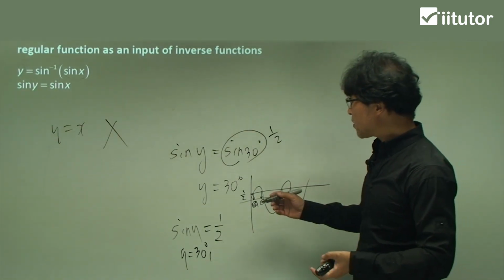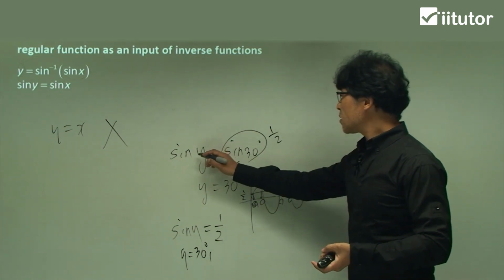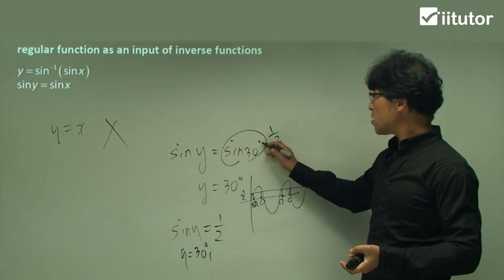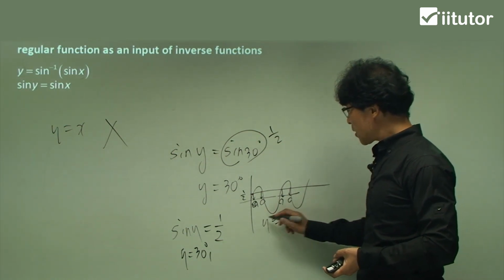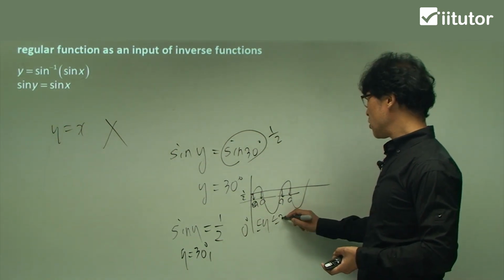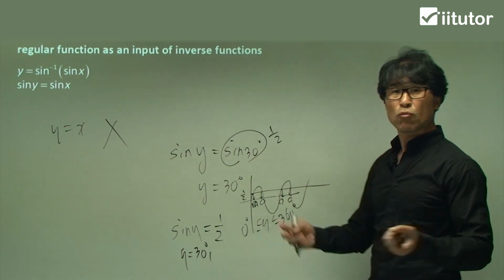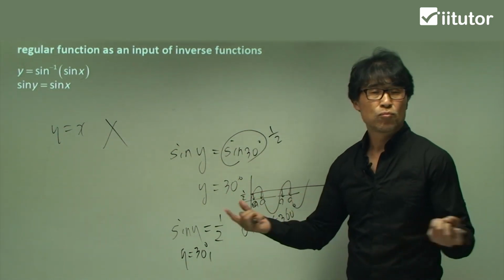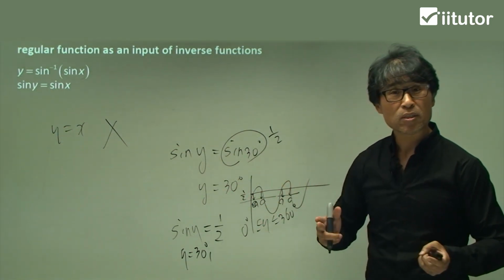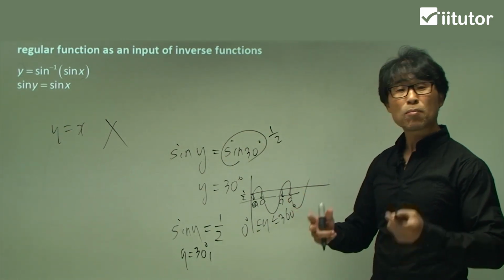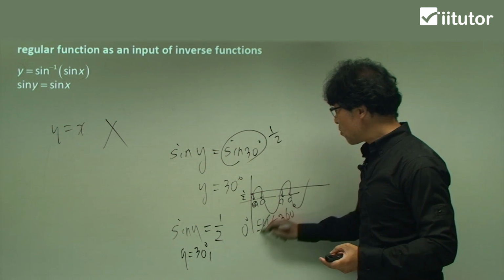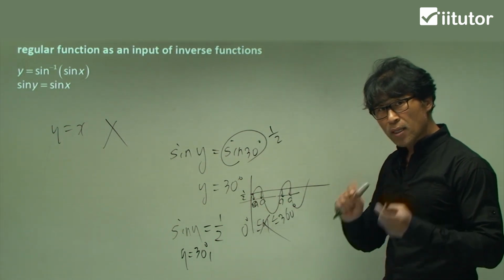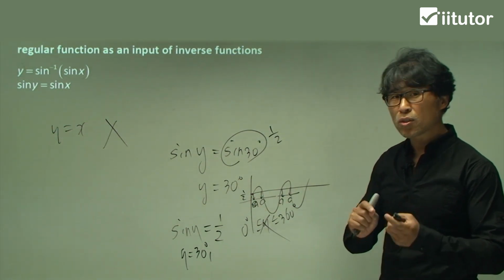If you have sine y equals sine 30 degrees, or sine y equals a half, and you have a domain, say between 0 and 360, then you will have one or two answers, just a limited number of answers. Then we call them particular solutions. But if there isn't any domain given, then your answer must follow the general solution.